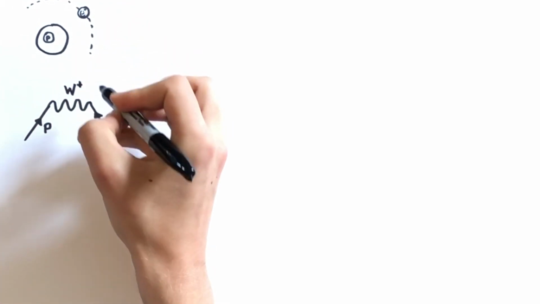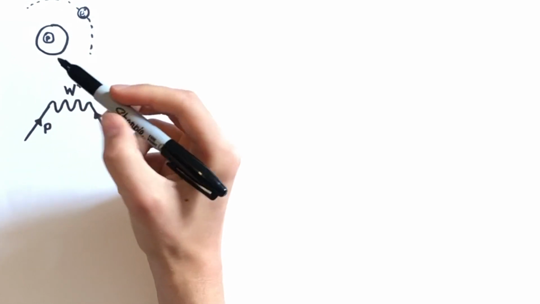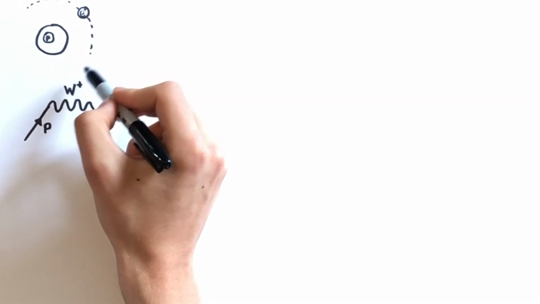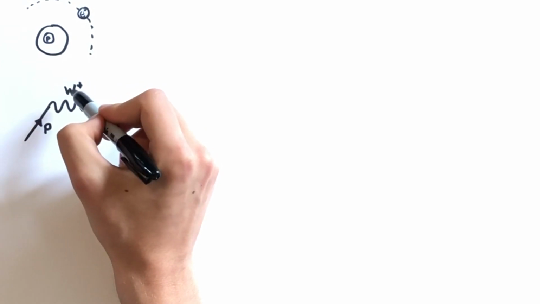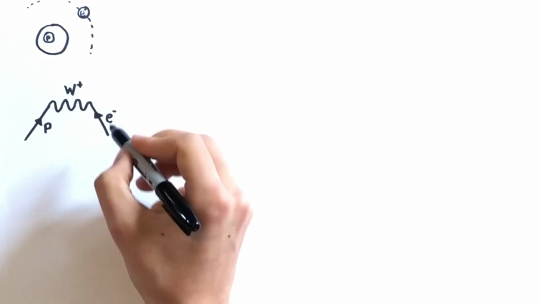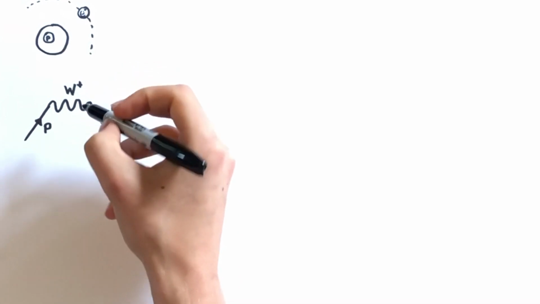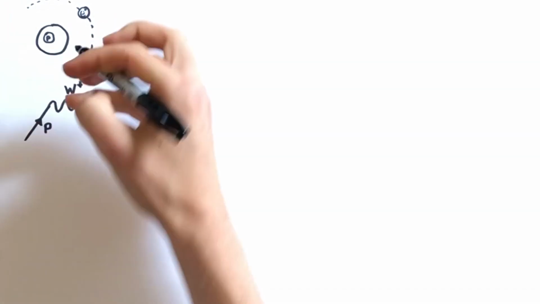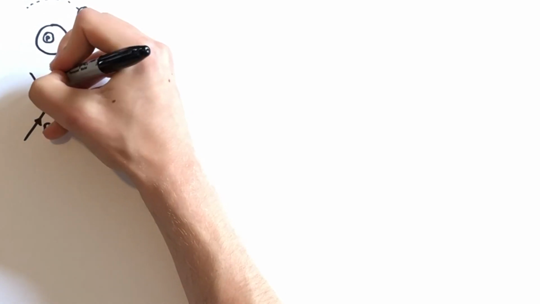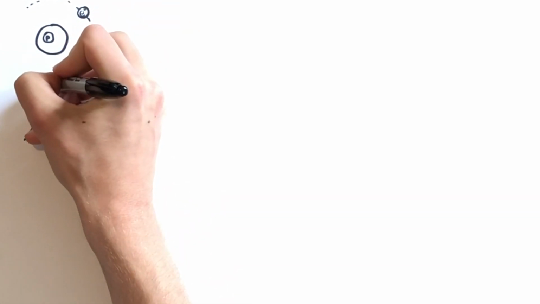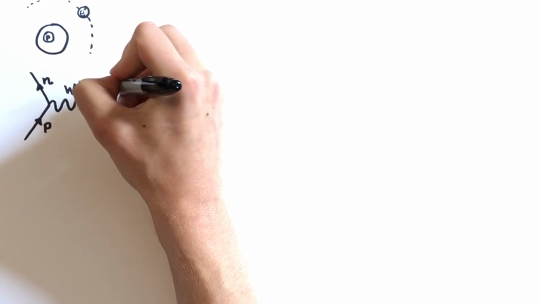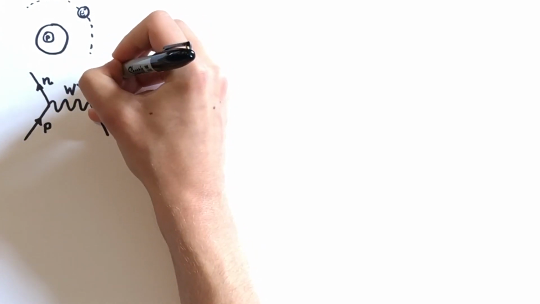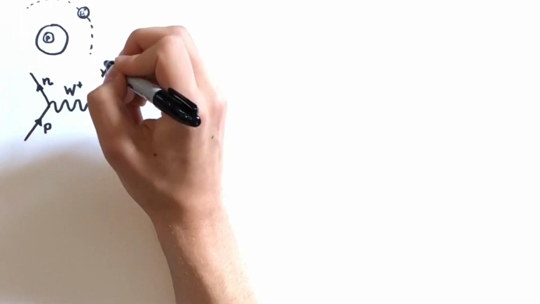So you know I said that rule before, where the sign of the outgoing electron always matches the sign of the W boson. Well, it's actually reversed if the electron is incoming. So you've got the W plus boson that's responsible for electron capture. And what are the products? Well, we've got the neutron right here, and we also have the electron neutrino, and it's a normal electron neutrino.